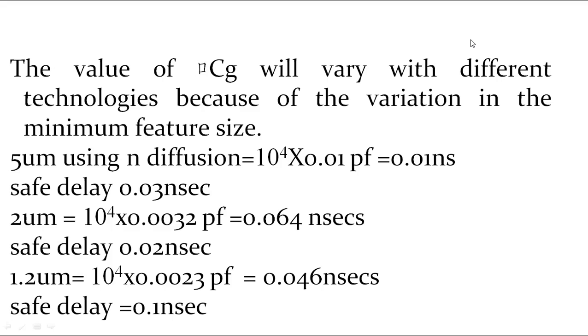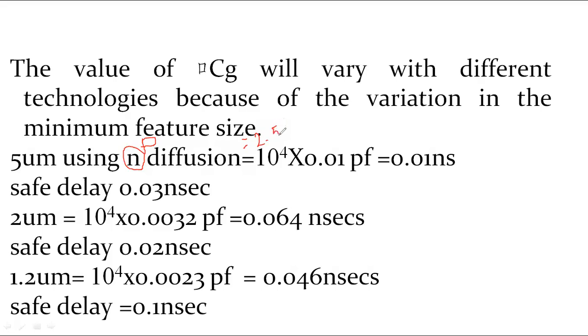In place of N diffusion, if you take a P diffusion, the sheet resistance is 2.5 times that.